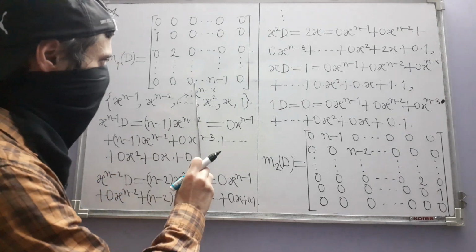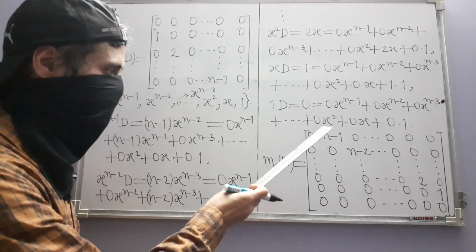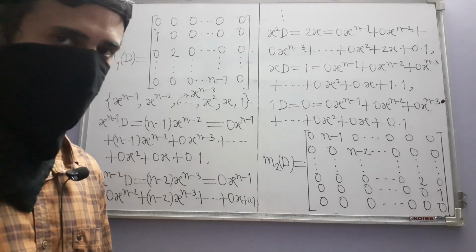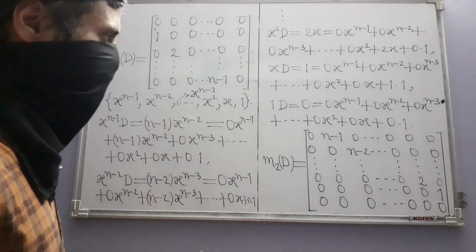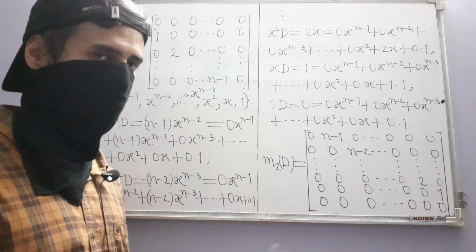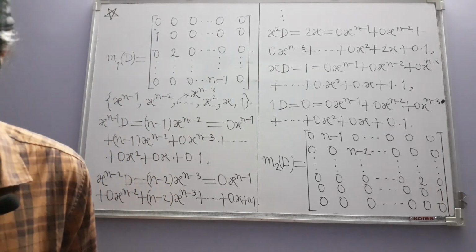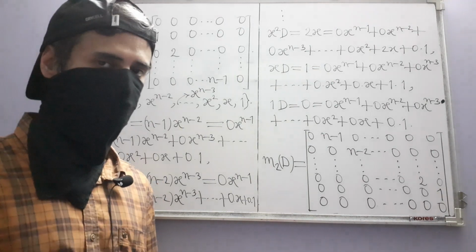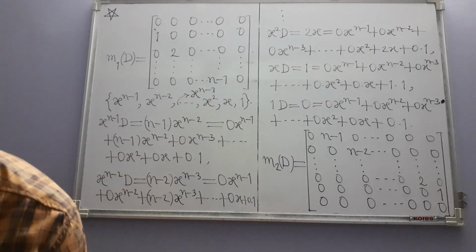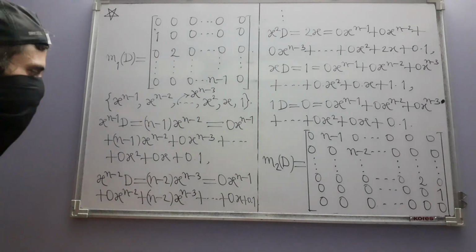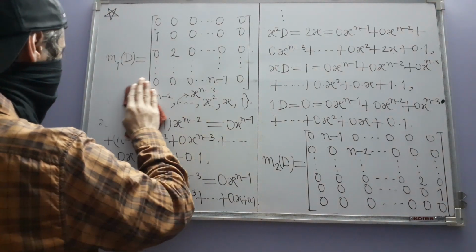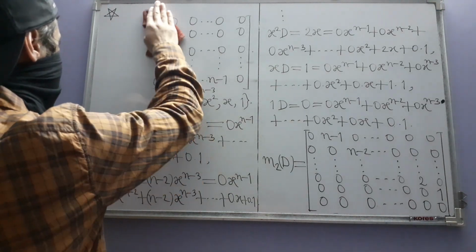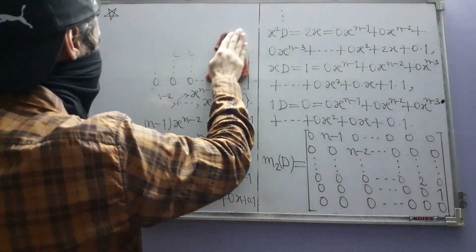Just that alone has changed the matrix significantly. So that is why order is very important. Of course, there are infinitely many bases, but there is one more the author has considered of the same space. Let's see that one also.